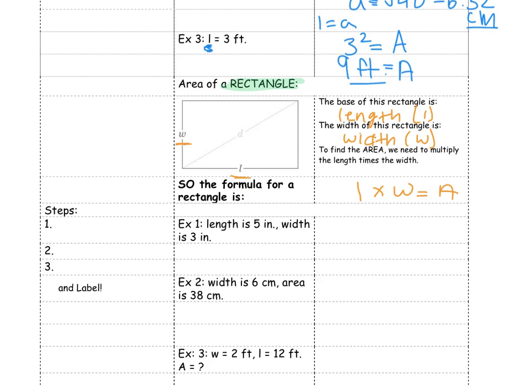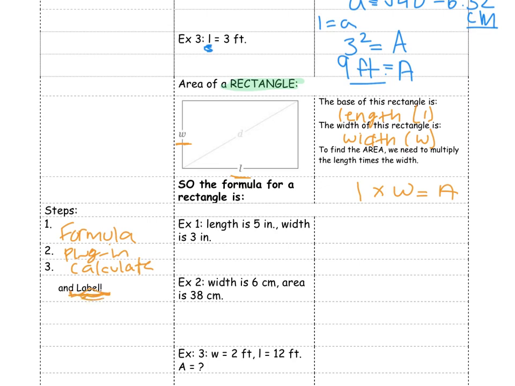So for our steps, we just get to practice the same steps. So number 1, finding our formula, plugging in what we know, then calculating, and arguably another really important step, labeling.